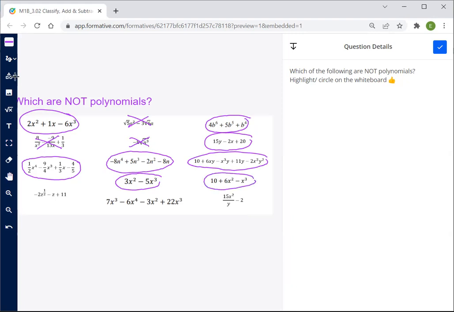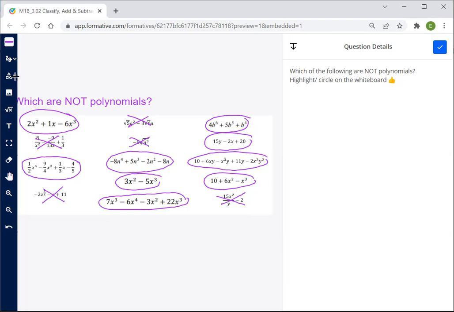This one has a variable in the denominator, so it's not a polynomial. Okay, the last one that we have to look at here, this one right here, since it has a fraction as the exponent, what that turns into is a square root. Okay, so that is not a polynomial.